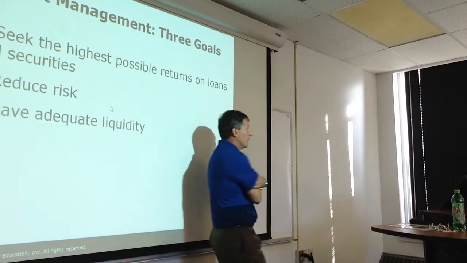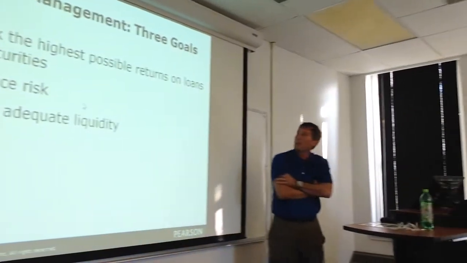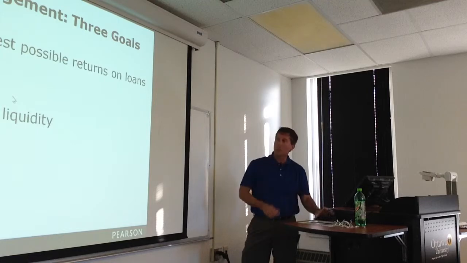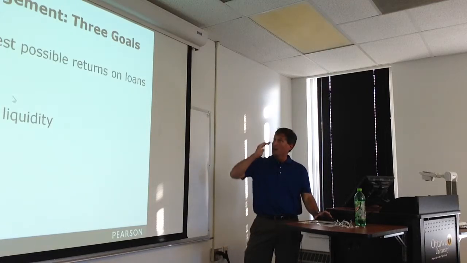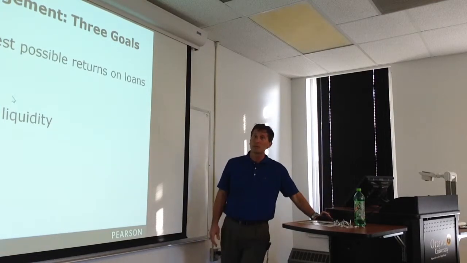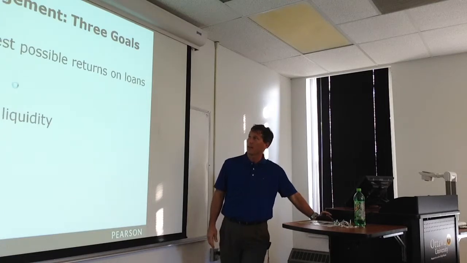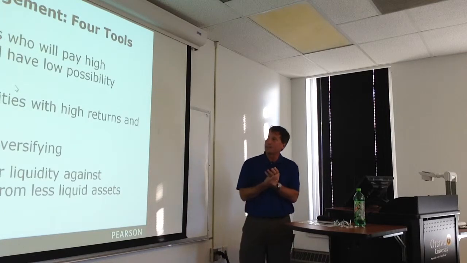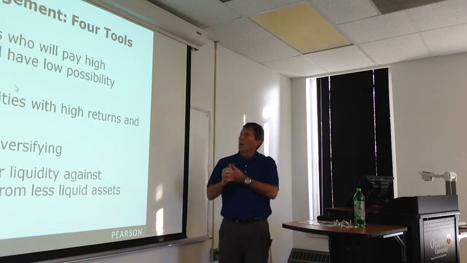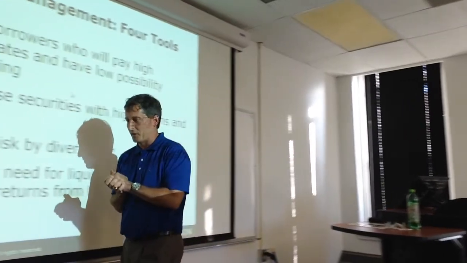All right, so this next section looks at asset management. This is where we left off. We want to look for high returns, reduce some risk, and have adequate liquidity. So how do we go about doing that?